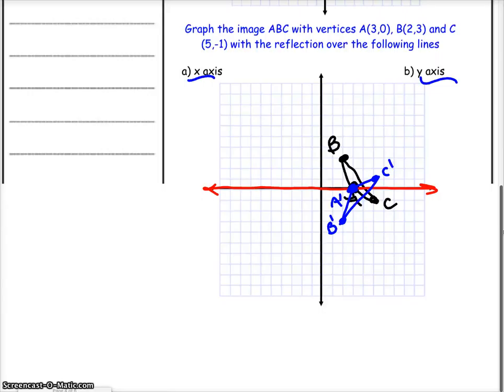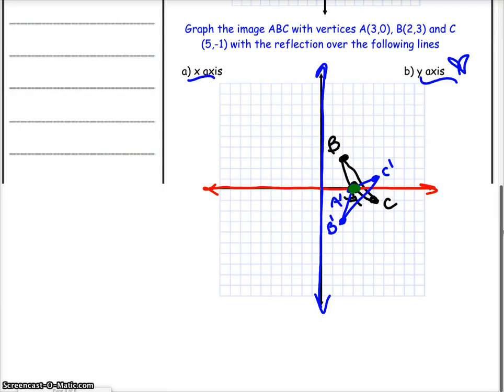My next line of reflection is my y-axis. So I'll go ahead and make that one blue, just so now I know I'm looking at that blue line. And I'm just going back to my original. So I'll make this red, not green. So A is how far away from my y-axis? How far away? 3.